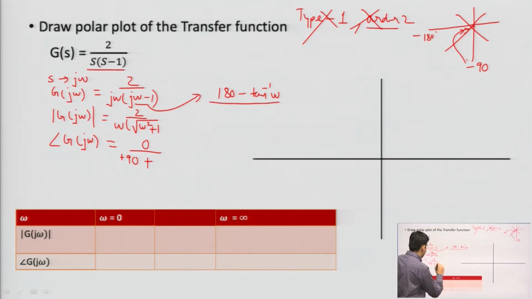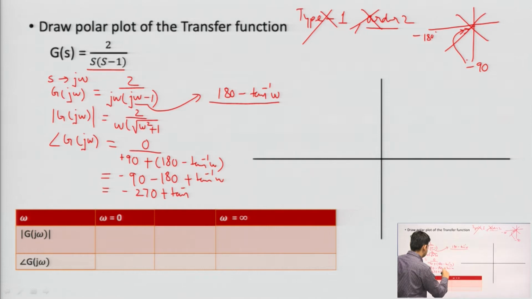If I shift this phase from the denominator to the numerator, it becomes minus 90 minus 180 plus tan inverse omega, which is minus 270 plus tan inverse omega. This is my phase.